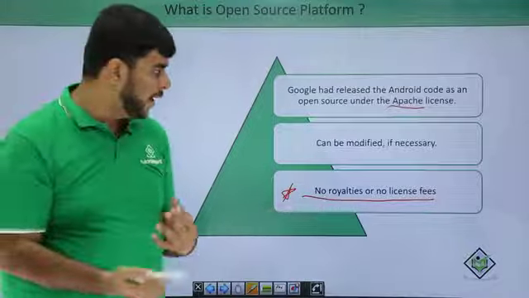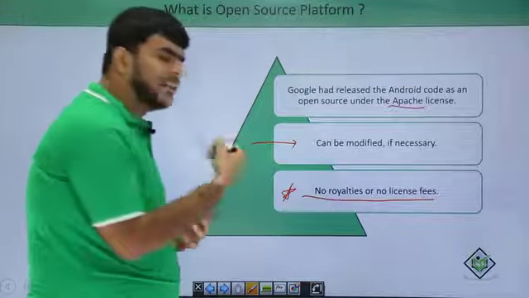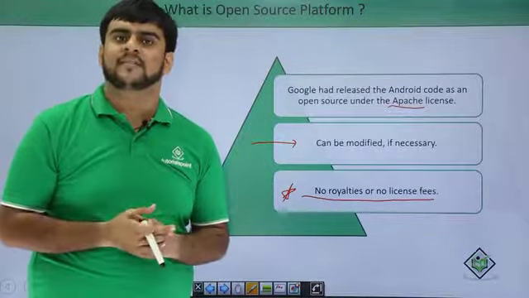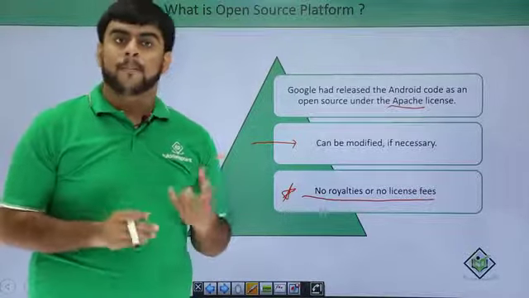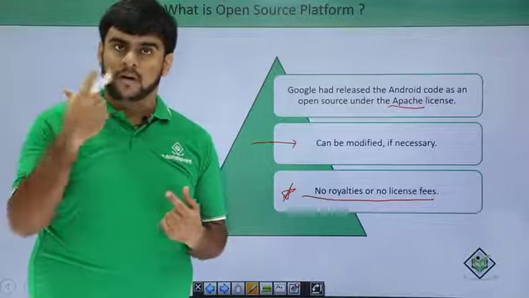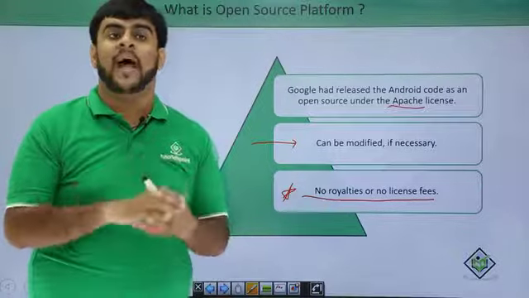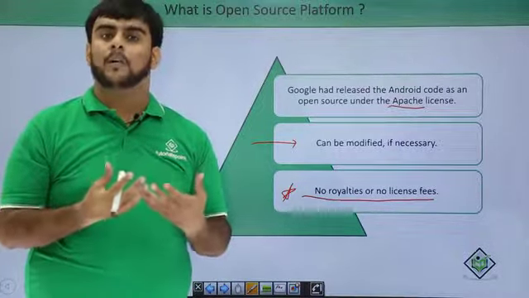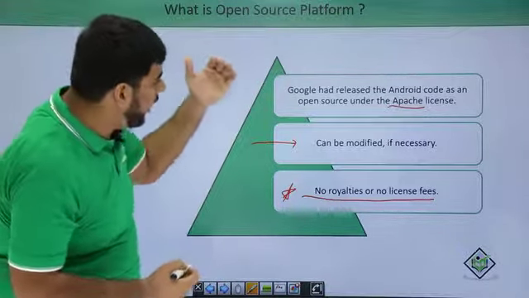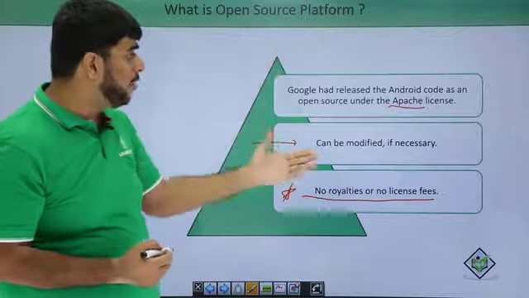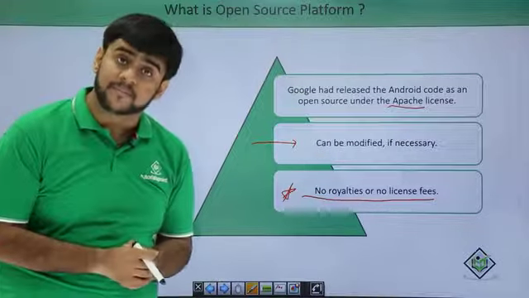Anyone can download it and modify it as per their own need. Let's say for example, if you're using a Samsung phone and then an HTC phone, both phones come from the same operating system but have a different UI. How is it possible? It's possible because Android is open source. You can download the code and modify it as per your need.